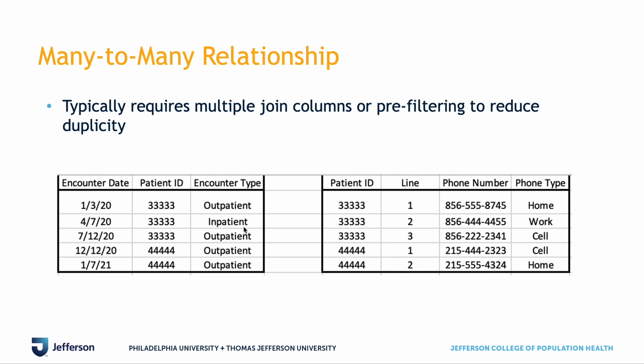A good practice here would be, if the question is, can we have all the cell phone numbers for each encounter, we would filter this table first for just cell phones, and then we perform the joins, and our output would just be the same as we have here, because we're just going to get one value from the right table for each unique value in the left table.